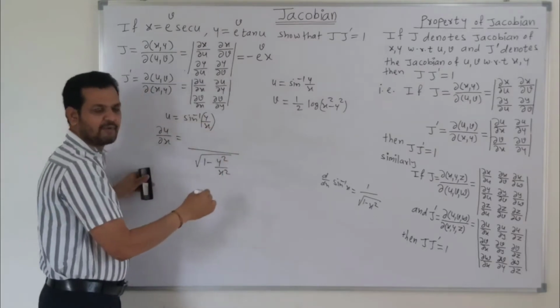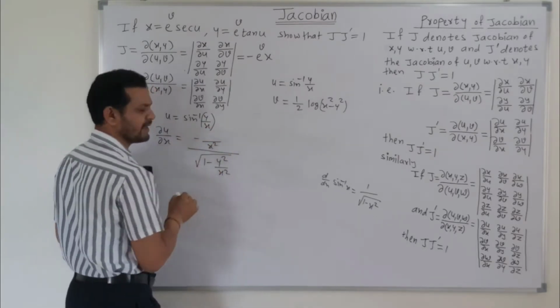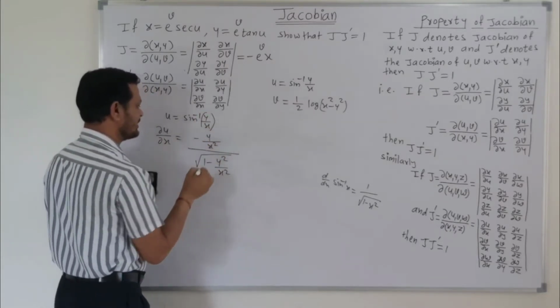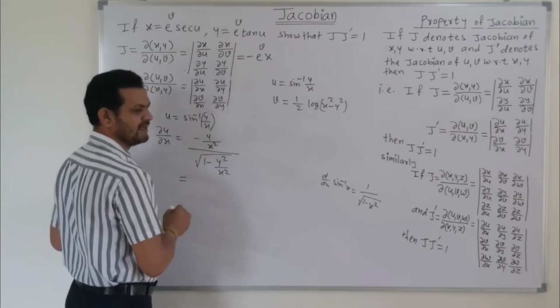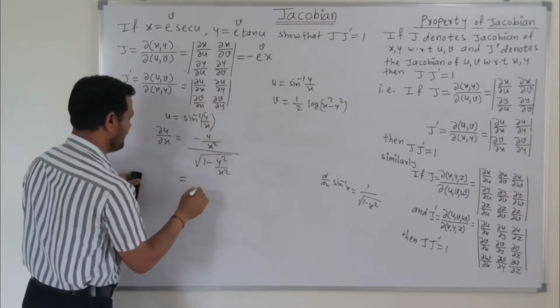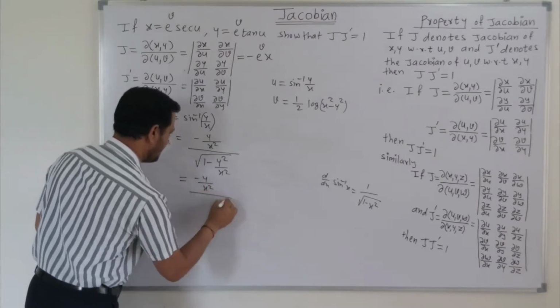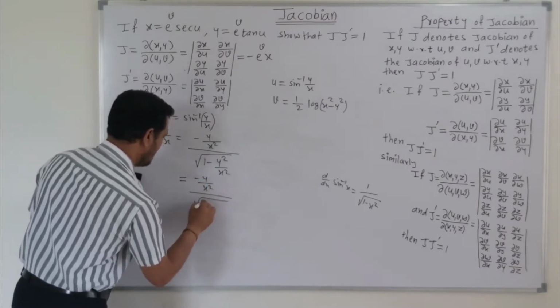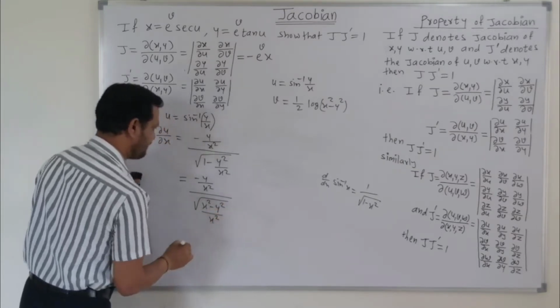Then the derivative of 1 upon x is minus 1 upon x square, and this y is constant, so y as it is. Once again, if we try to simplify this term, then we get minus y upon x square divided by root of x square minus y square divided by x square.